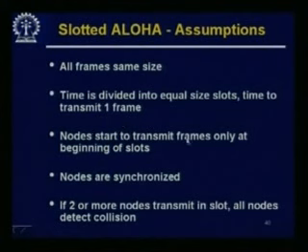So, nodes start to transmit frames only at the beginning of slots. Nodes are synchronized. If two or more nodes try to transmit in a slot, all nodes detect the collision. I mean, you may still collide even after making the slots.